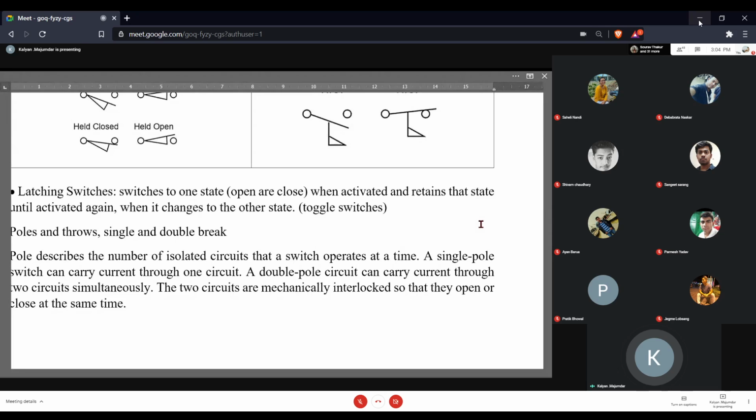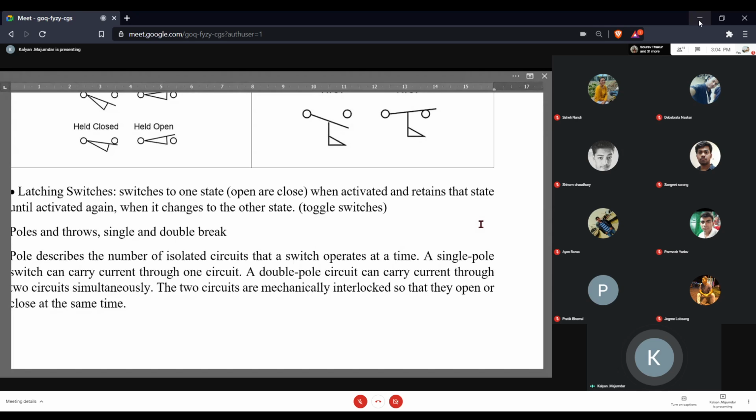In this second figure, you see that there are two identical such systems. They are electrically isolated. That's extremely important. The two parts are electrically isolated, which means that you can make or break two independent electrical circuits. But there's a dotted line between the two poles. So you've got two poles here, and the dotted line indicates that these two poles are mechanically interlocked. That means the two poles move simultaneously.